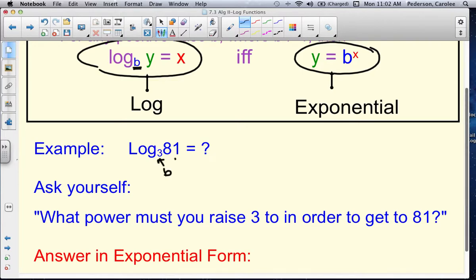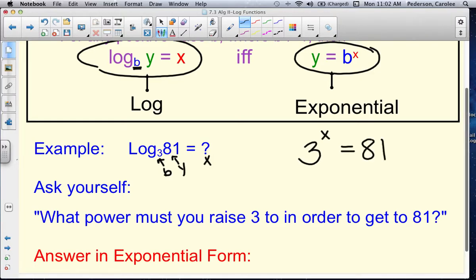This is my y, and there is my x. So if I convert this to an exponential, it's 3 raised to what power would give me 81?